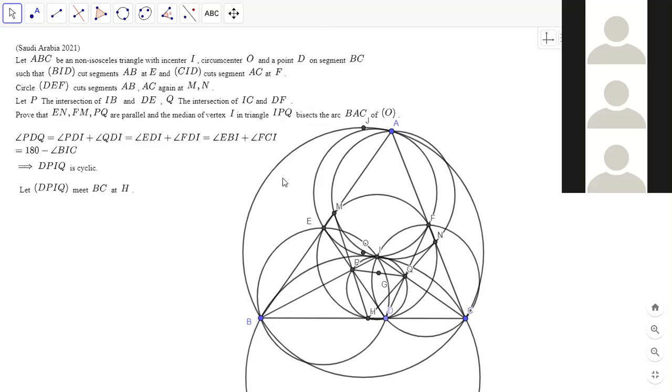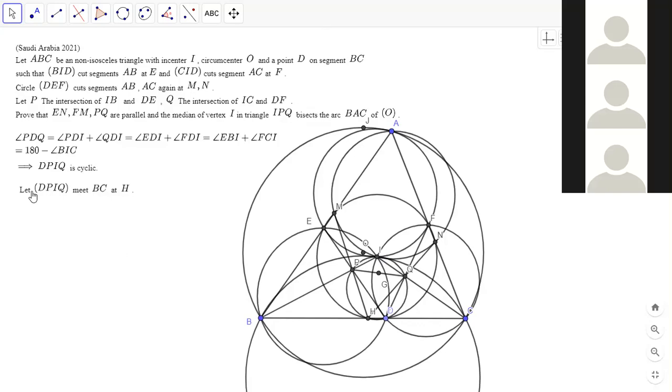Okay. So first, it's not hard to show that IEM is congruent to IFN. So first I'm going to say AMIN is cyclic by Mikkel's.